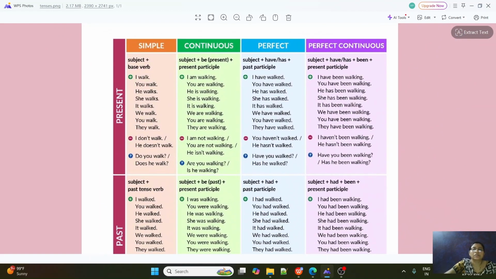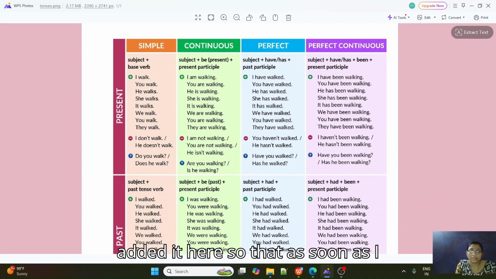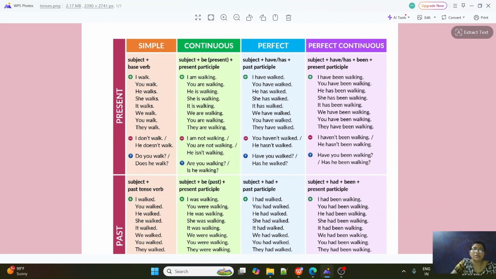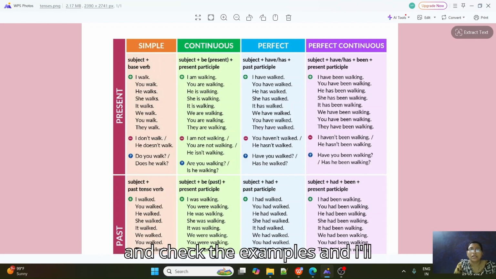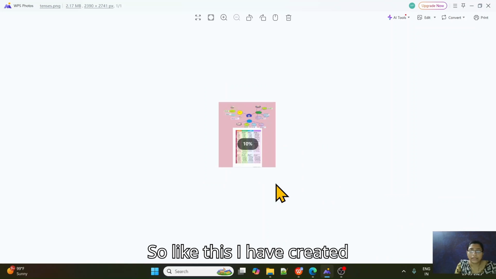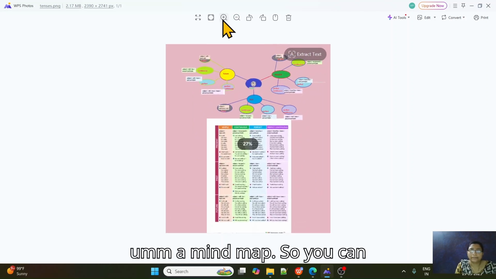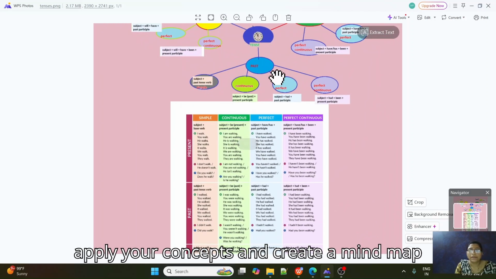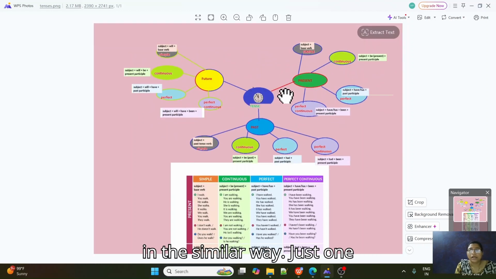I got this image from Google and I just added it here so that as soon as I understand the rules, I'll just go and check the examples and I'll remember it. So like this, I have created a mind map. You can apply your concepts and create a mind map in a similar way.